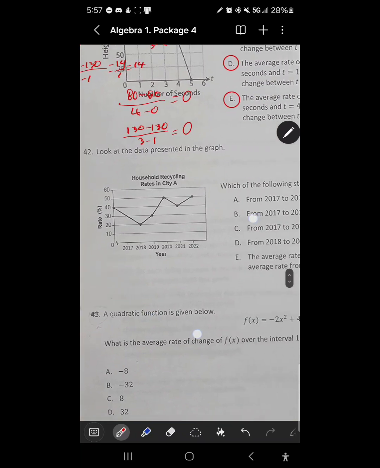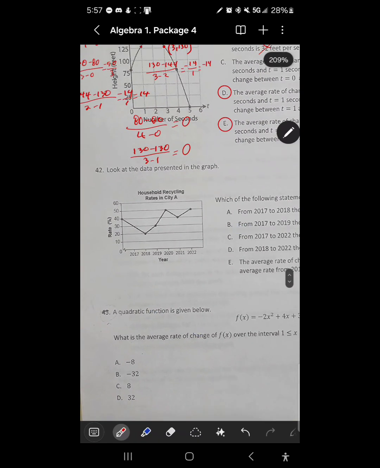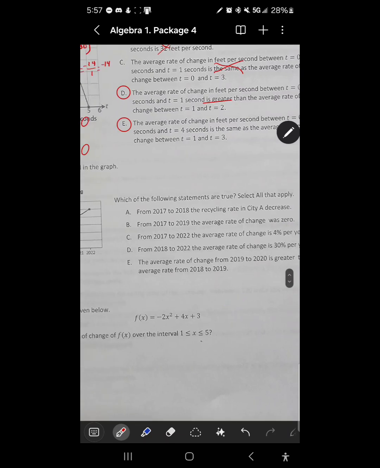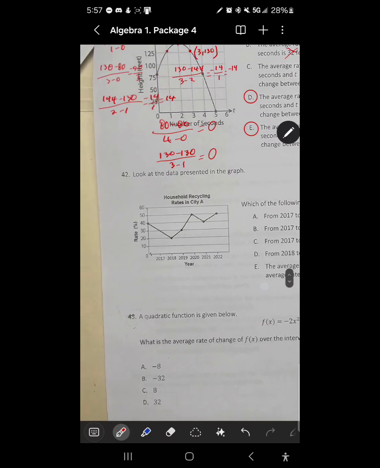Number 42. Look at the data represented in the graph. Which of the following statements are true? Select all that apply. From 2017 to 2018, the recycling rate in series A decreased.